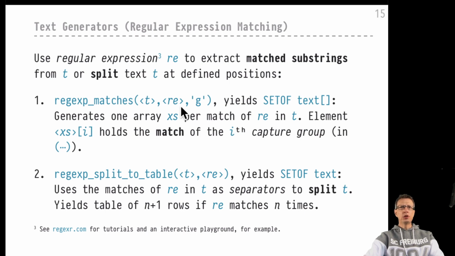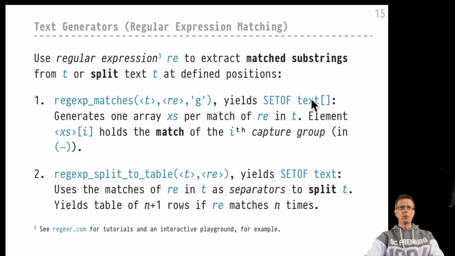We would use this regular expression to find all matches because of this parameter g, the global regular expression search. So we would try to find all matches of the regular expression inside the text T. There might be many such matches. Each such match will lead to a row in this particular return table. So each match would be one row.